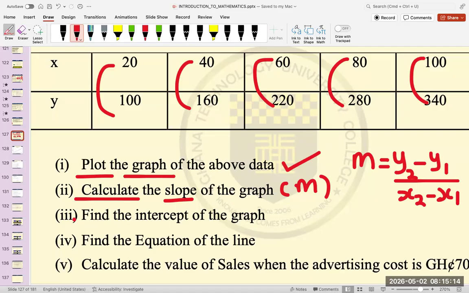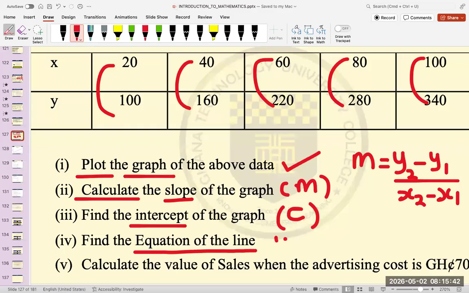Then 3, we have to find the intercept of the graph. Intercept is represented by c. So we need to find c. And then 4, find the equation of the line, the slope intercept equation of the line.